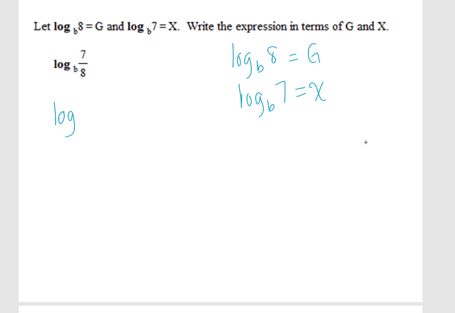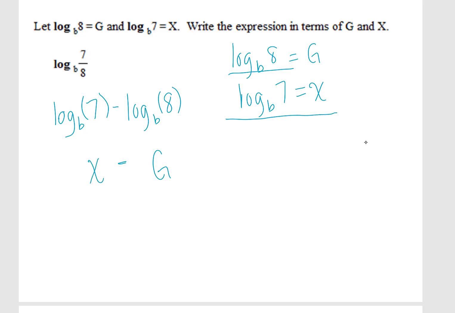And I can say log base b of 7 minus log base b of 8. And now look, where I see log base b of 8, I can replace that with a g. And where I see log base b of 7, I can replace that with a x. And that's what they're saying. They said write the expression, but write it using these terms.